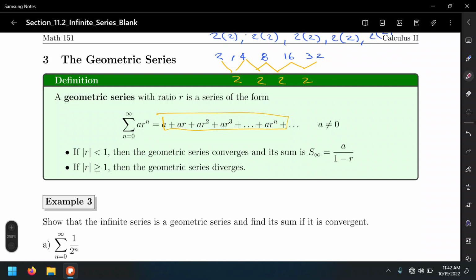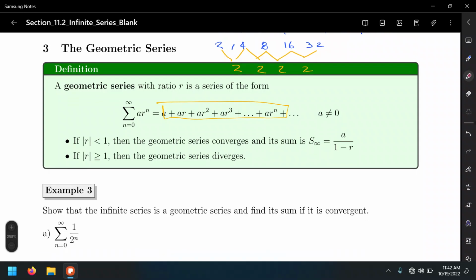But be very, very careful when working with geometric series. This is key. If you don't make sure about this piece of information, you would be doing the incorrect calculation of a sum. So this is the form sigma n equals 0 to infinity. This series must start at 0.